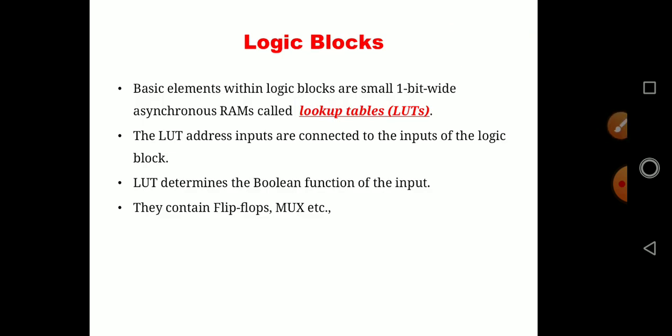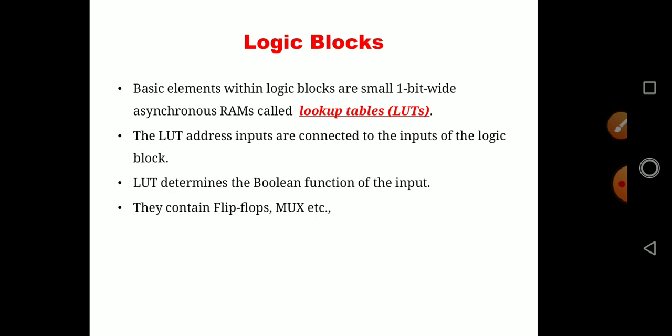What are logic blocks? Logic blocks combine to form combinational or sequential equations, and the basic elements of the logic blocks are lookup tables. They are single bit wide asynchronous RAMs, and the LUT, or lookup table, address inputs are connected to the inputs of the logic blocks.